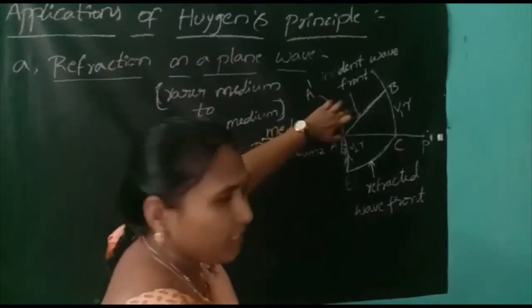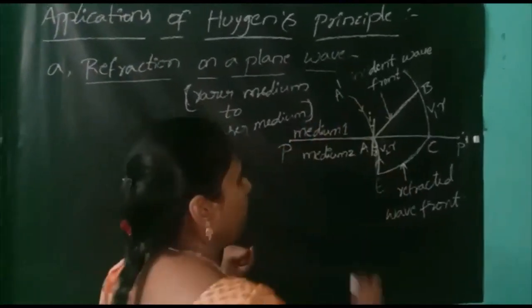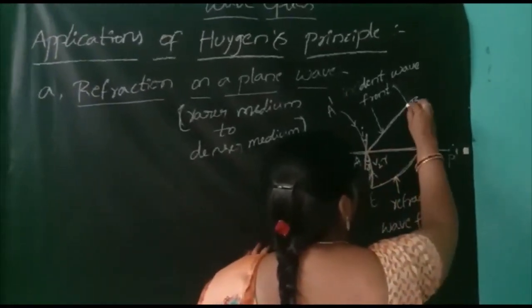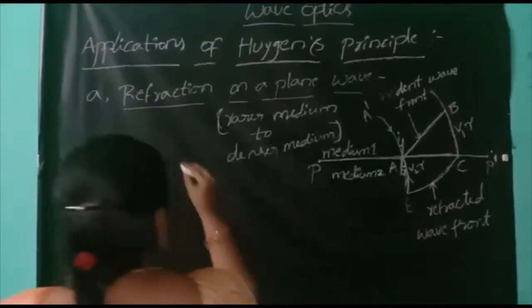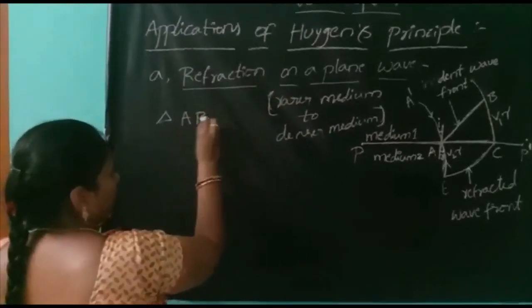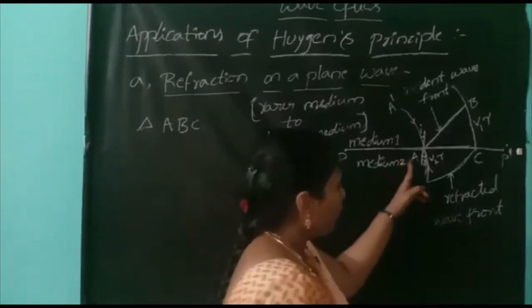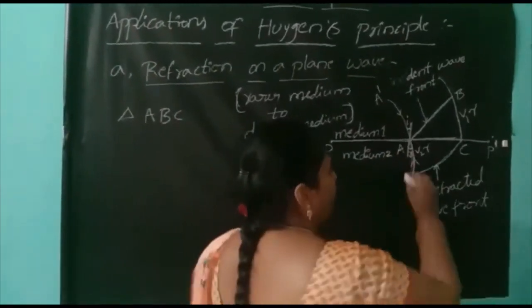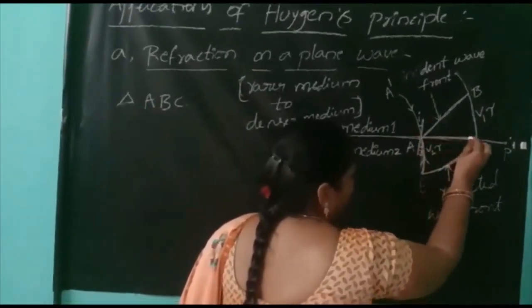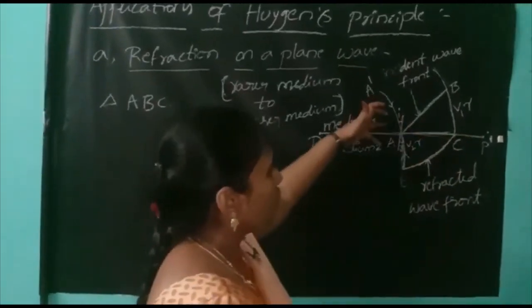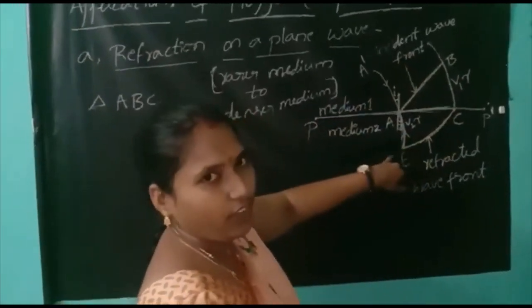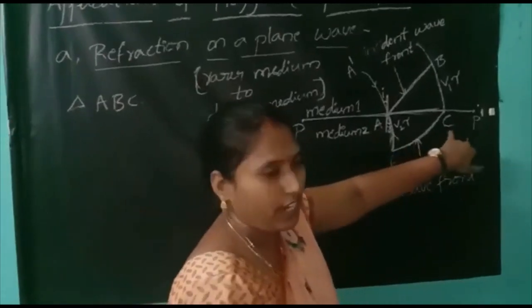The incident wave creates triangle A, B, C. The refracted wave creates triangle A, E, C. So there are two triangles here.